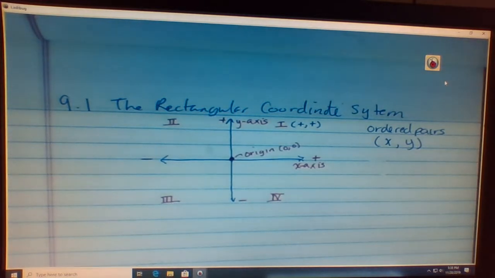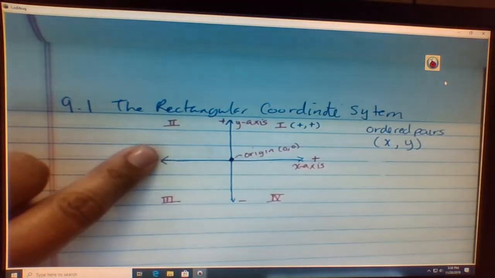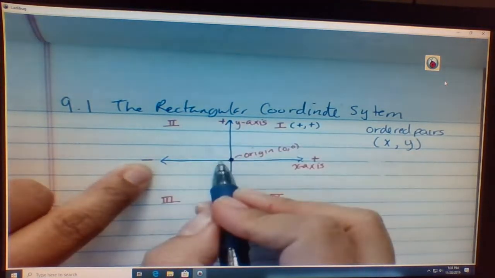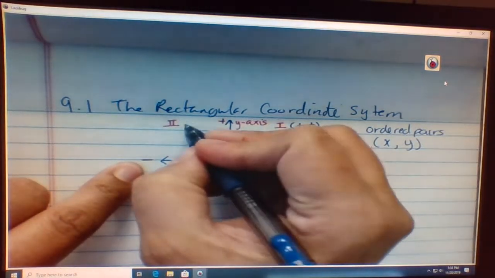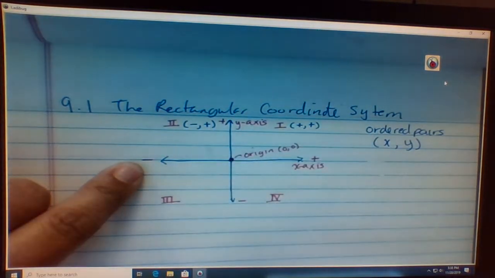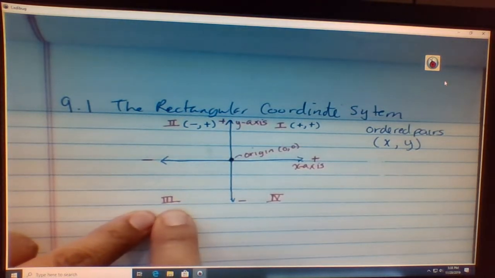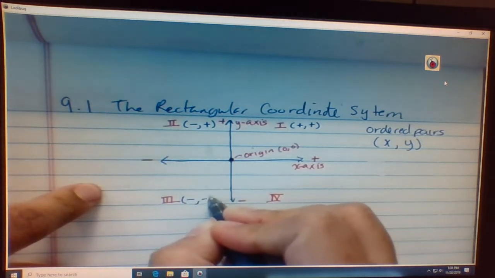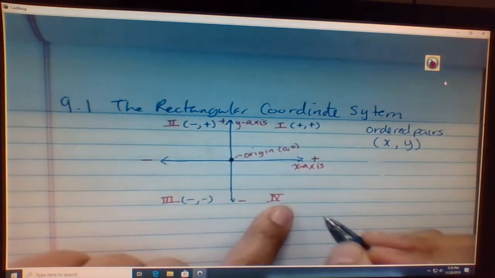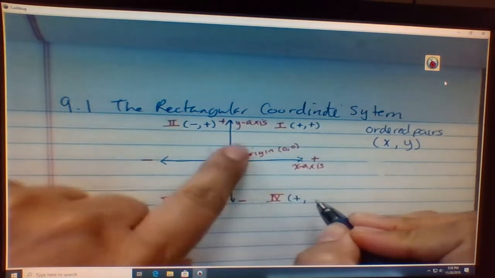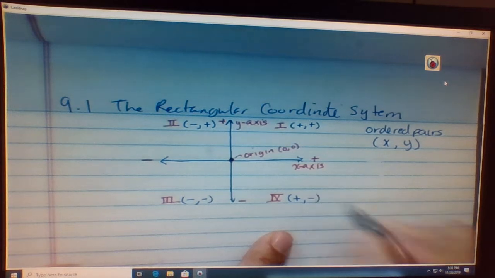Now, in quadrant 2, your X's are what? Your X over here is negative, but your Y's are positives. In quadrant 3, they're both what? Negative X's, negative Y's. And in quadrant 4, I have a positive X, but a negative Y.